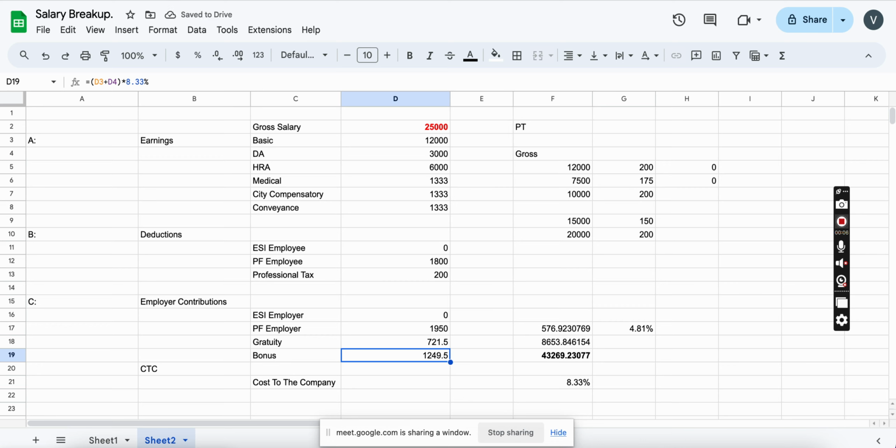Again, there are rules in bonus. Bonus is mandatory for every employee, for every organization. It is 8.33% of their basic and DA salary, which will be paid to them either monthly or yearly, whatever the organization decides. But paying the minimum is compulsory.